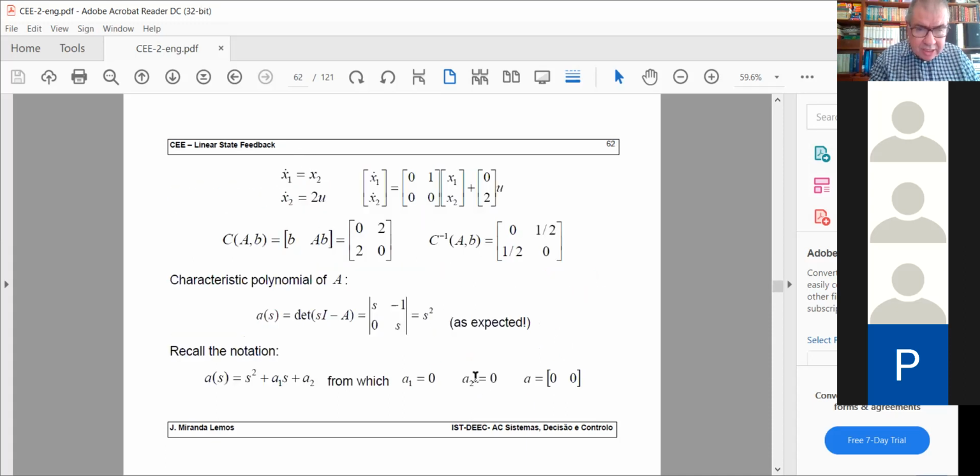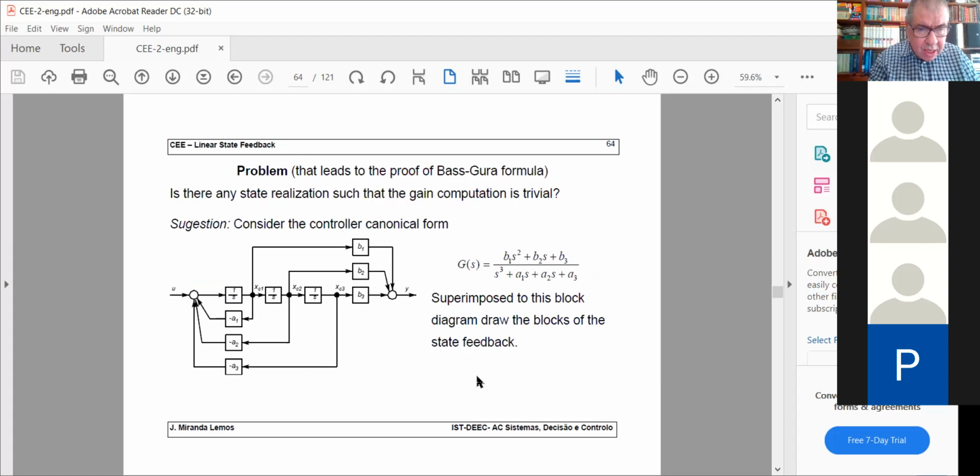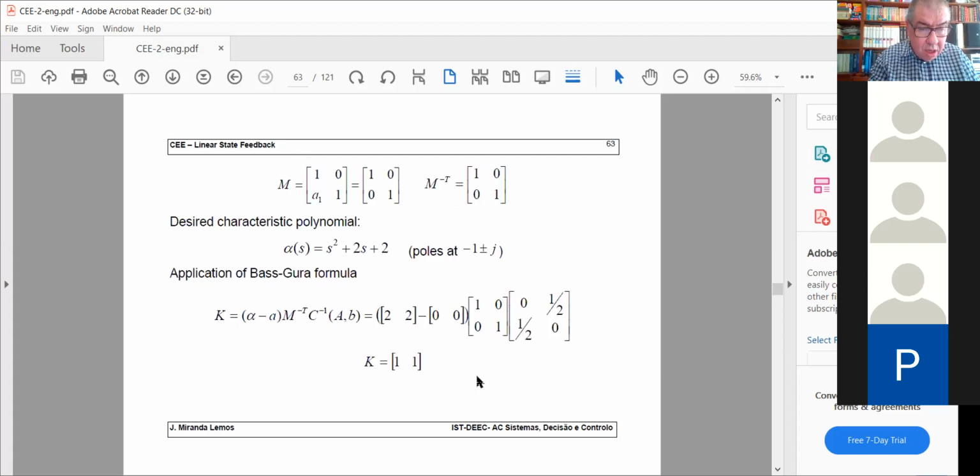In this case the order is 2, so n minus 1 is 1. So I just put here a1, which is 0. And the inverse is very simple because you just invert it and transpose it. It's diagonal, it's an identity. The transpose of the identity is the identity, so the inverse is still the identity.